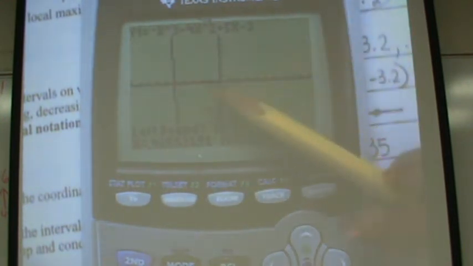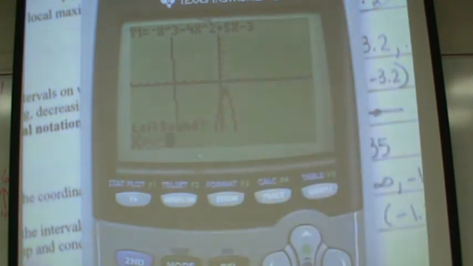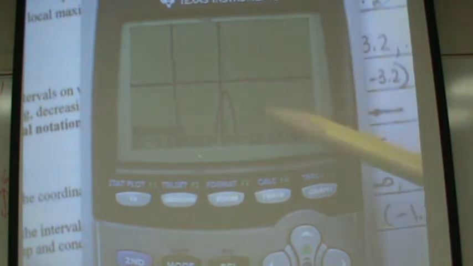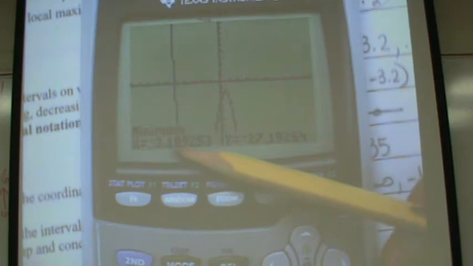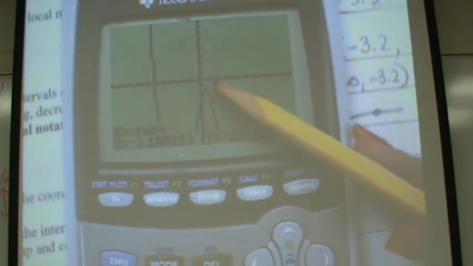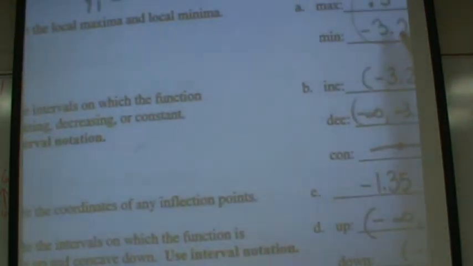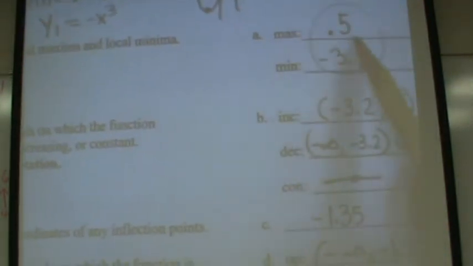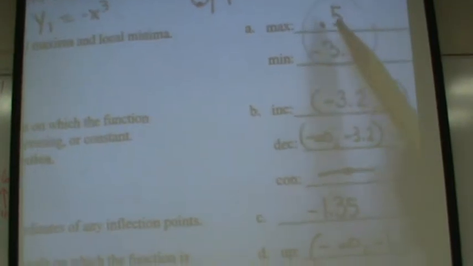And then give me a bound. I'm gonna say -4 is the left bound, and -1, we don't have to guess. And there is your minimum value, -3.2. You do the same for your max. You hit second calc, and then hit max, and you end up with 0.5 for this one.